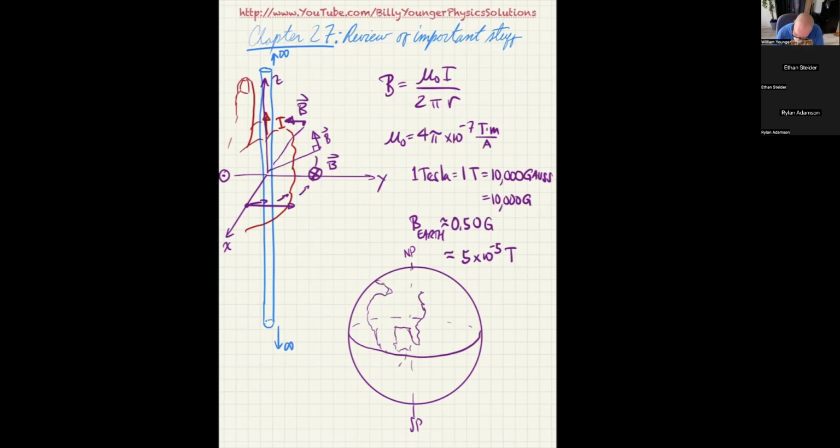Well, what it turns out to be is somewhere right around in here, it's as if there's a bar magnet inside of the Earth like this. And here's the weird part. Remember, when we hold up a compass, the north end of the compass points sort of north. So that means this end is in fact a south pole and this end is a north pole.